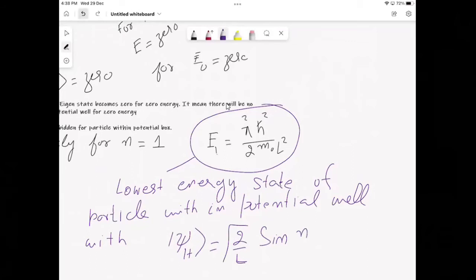So this becomes sine pi over L q. So this will be the lowest. You may say that this is the first eigenstate of the Hamiltonian, and the energy will be this. Got it?